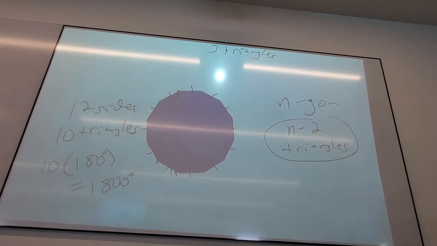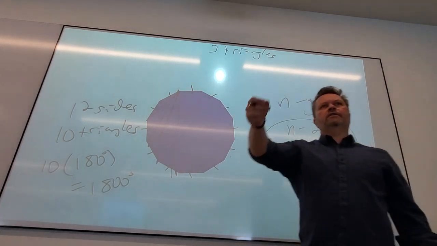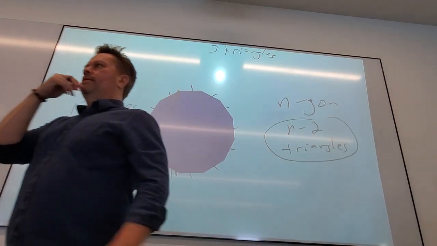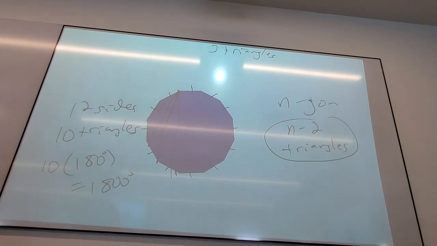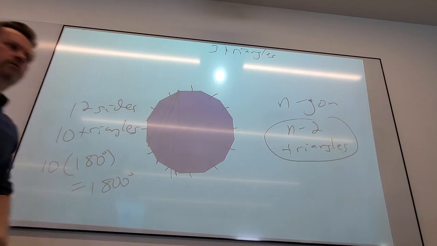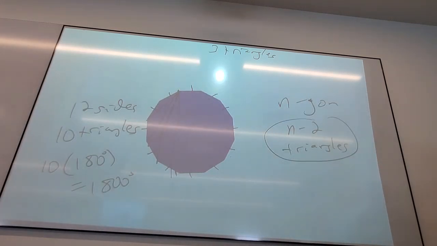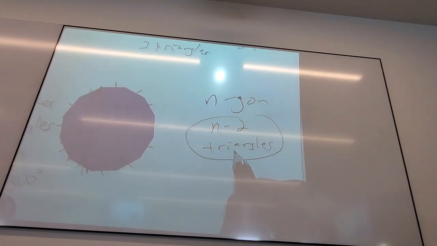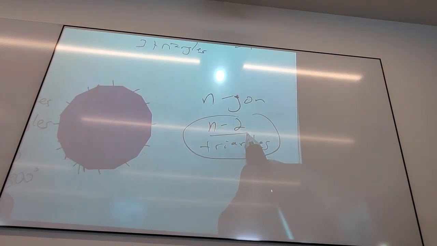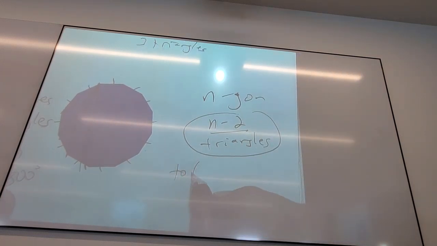For every triangle, it would be 180 degrees. I have 10 of them, so I have 1,800 degrees. Let me stop for a minute. Okay. So in general, for any n-gon, what would I do next? I know I can make n minus 2 triangles, so how would I figure out the total degree measure?